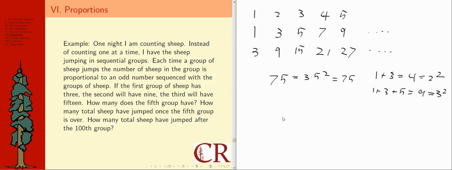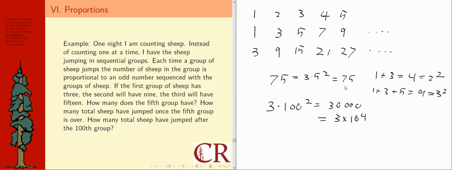So it's really neat if I have a simple formula, and the simple formula appears to be take 3 multiplied by the group number, which is 100 in this case, square that. 100 squared would be 10,000 times 3 is 30,000, so I'll write that in. Or if you really want to go scientific, you could say 3 times 10 to the 4.